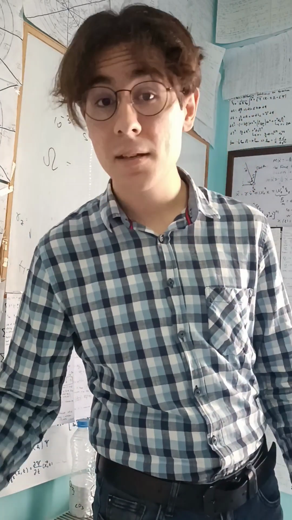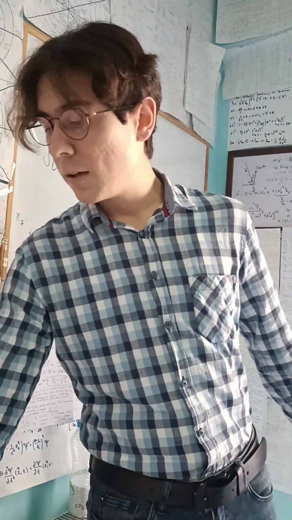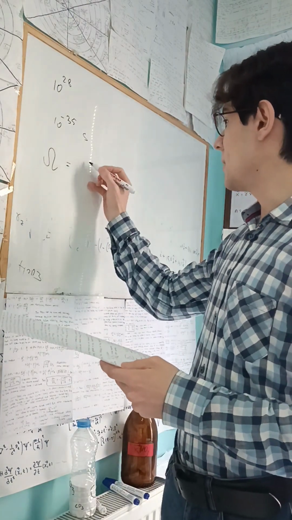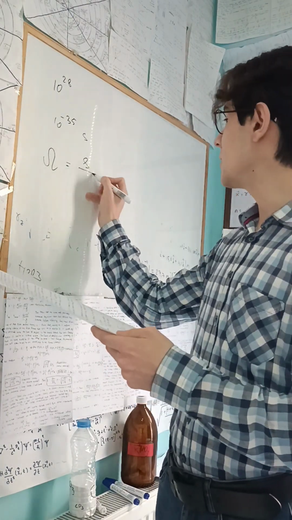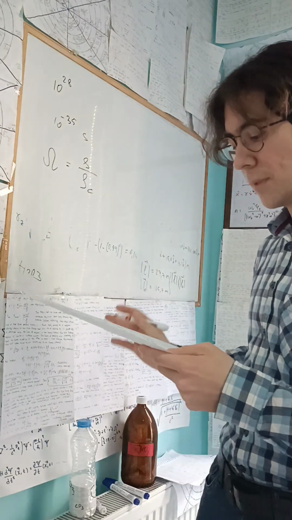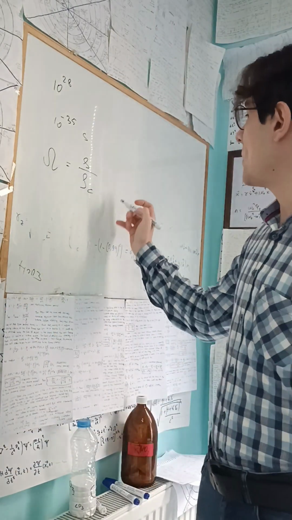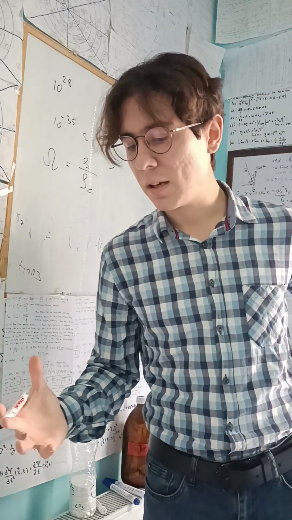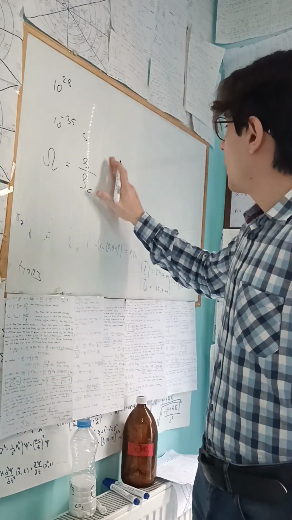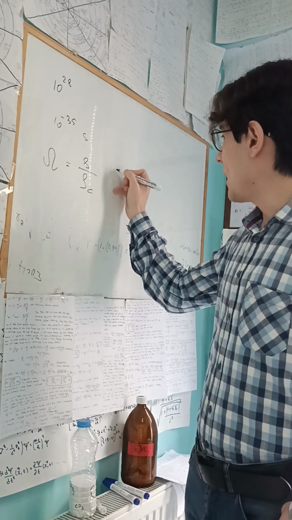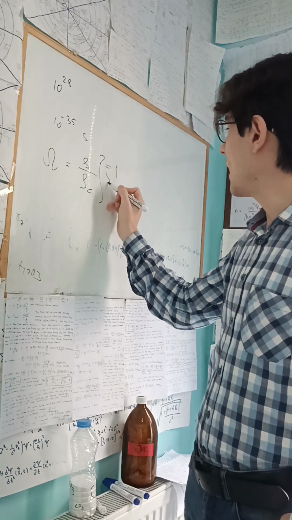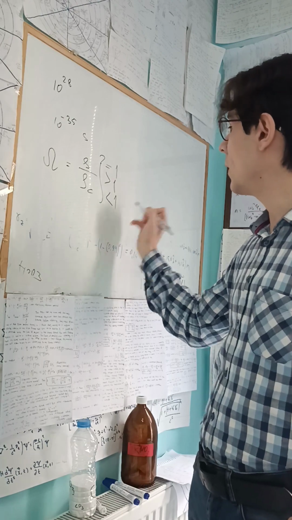It is the actual mass density divided by the critical mass density. Okay, so it can be bigger than 0, and the first is the critical case where it can be equal to 1, bigger than 1, or smaller than 1.